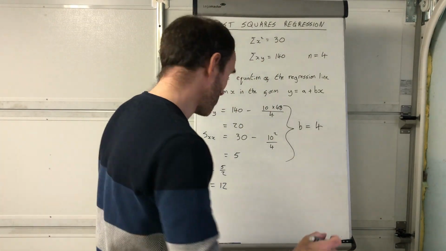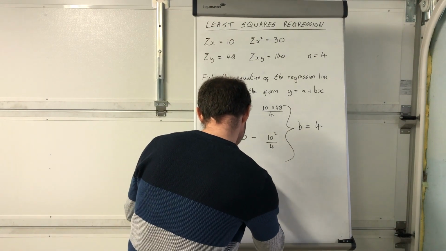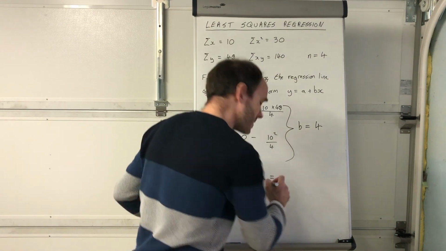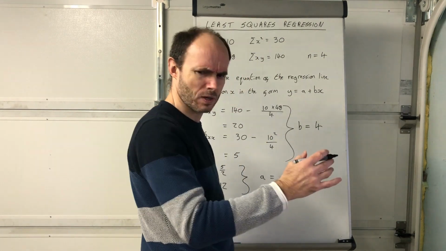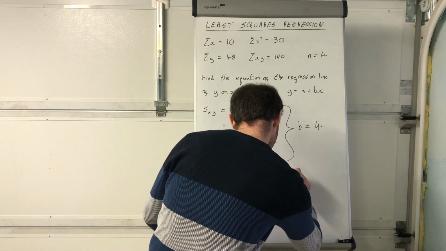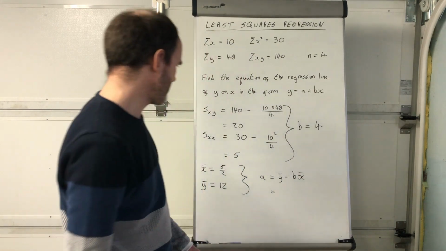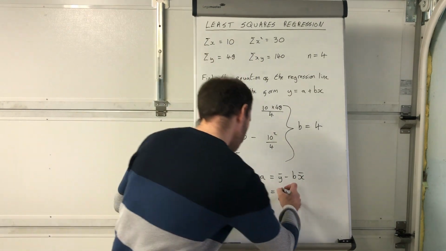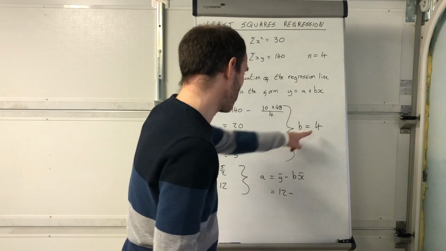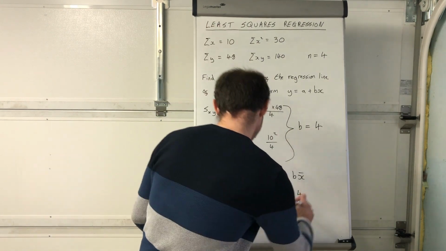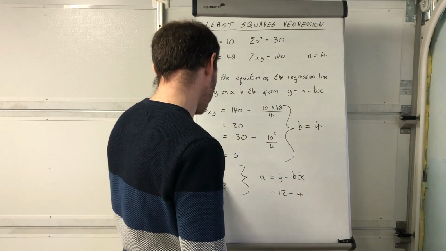So a is equal to y bar minus b x bar. And so that's 12 subtract 4 multiplied by x bar.